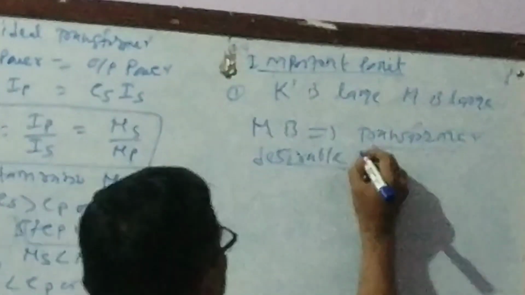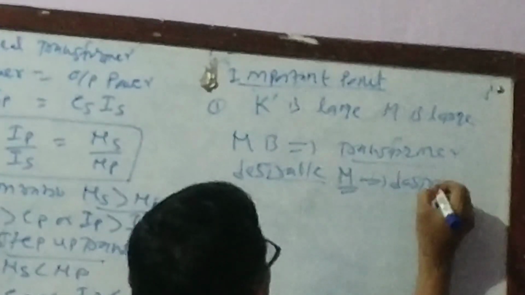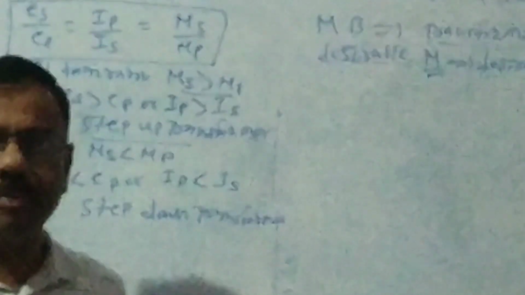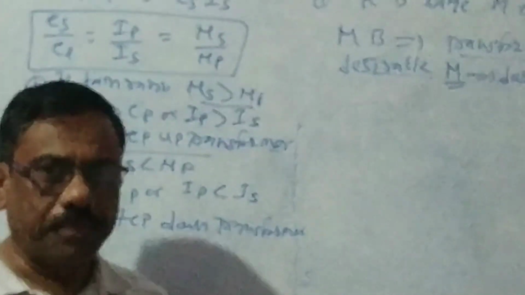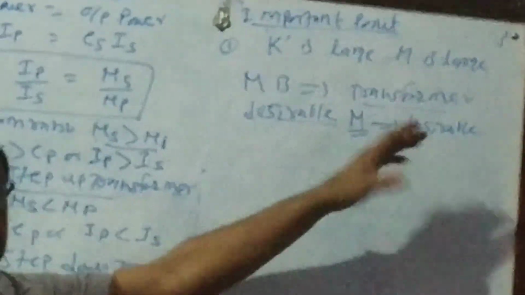But a large value of M is not always desirable for some electrical equipment, such as our iron press or electric cloth dryer.